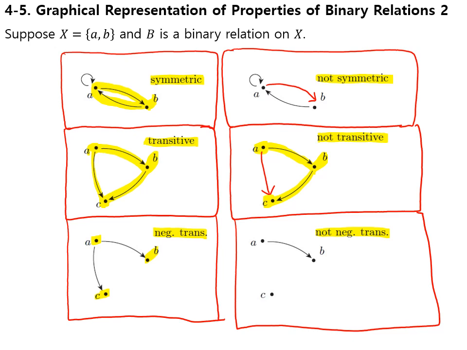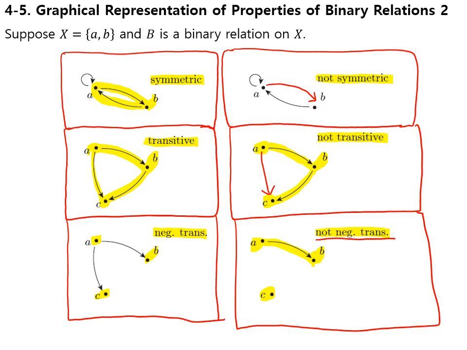Right? The reason why it is not negatively transitive is that we can see there's no relation between A and C, and there's no relationship between C and A, right? But there is a relationship between A and B. So it is not negatively transitive. Okay?